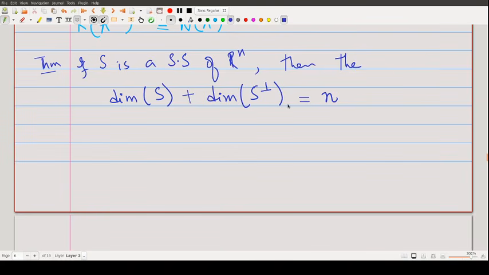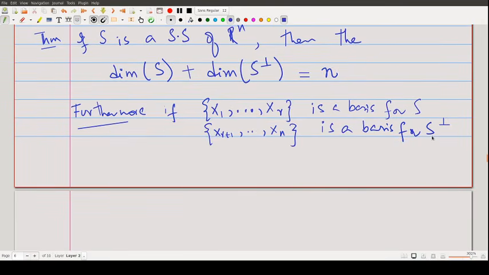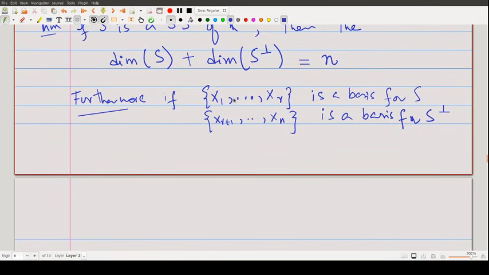And furthermore, if x1 to xr is a basis for S, and if x(r+1) up until xn is a basis for S complement, the orthogonal complement of S. I have taken a total of n vectors because both dimensions will sum up to n.